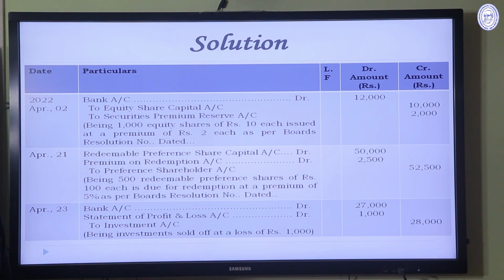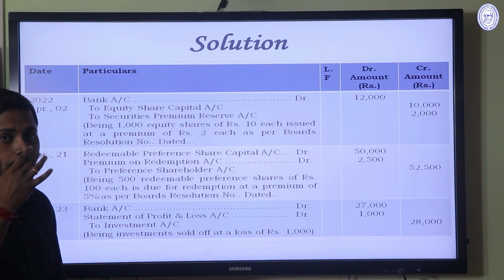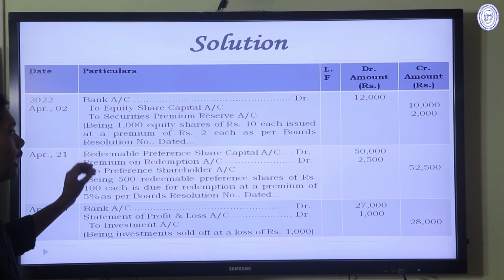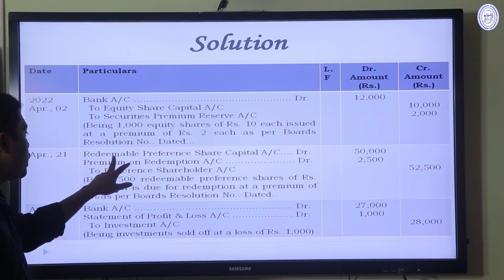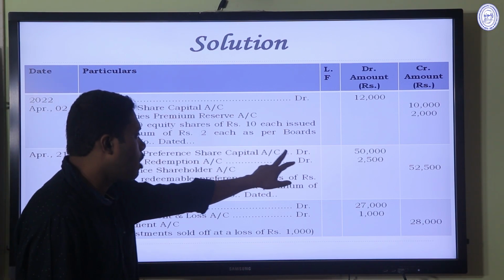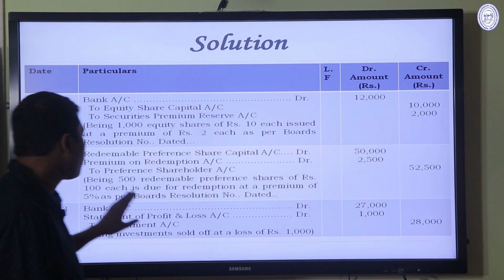Next, on 21st April, preference shareholders will be due for redemption. Preference shares will be due for redemption and the redemption will be carried at 5% premium. So, redeemable preference share capital account debit 50,000, 500 shares of rupees 100 each, 50,000.